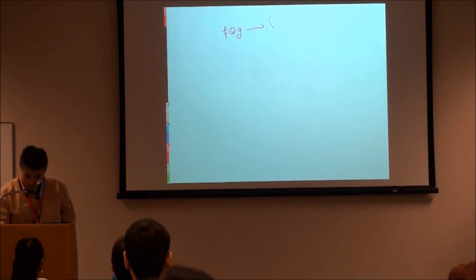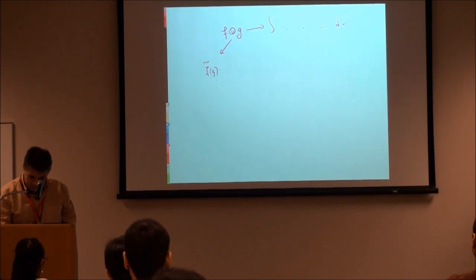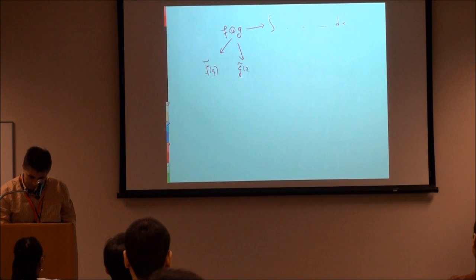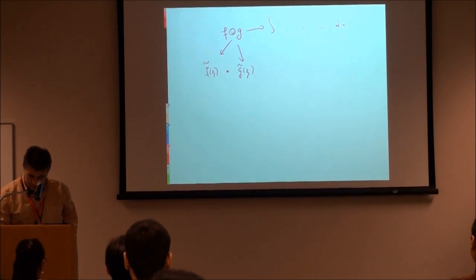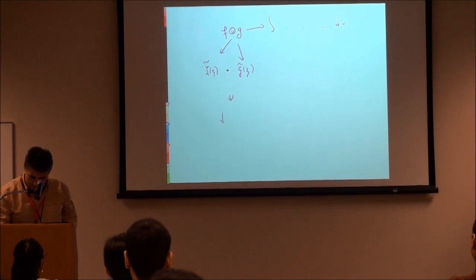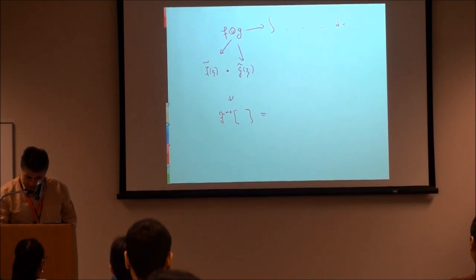So one way is to do integral blah blah blah. I don't like it. Another way is to do the Fourier transform f tilde of psi, Fourier transform of g, g tilde of psi, and multiply. Okay? And then take the inverse Fourier transform of that. That gives you f convolved with g.